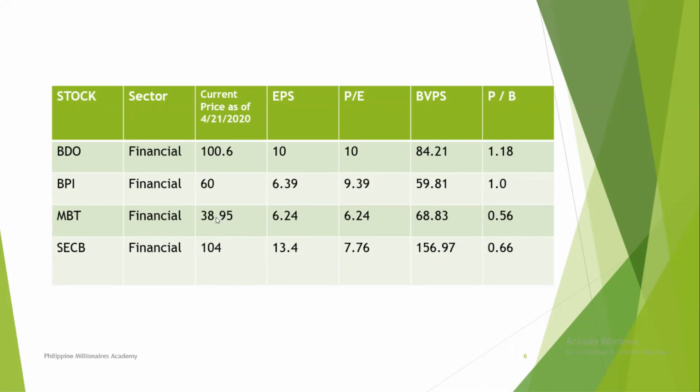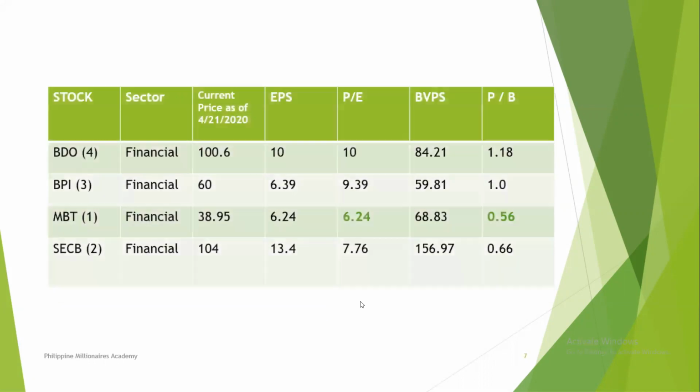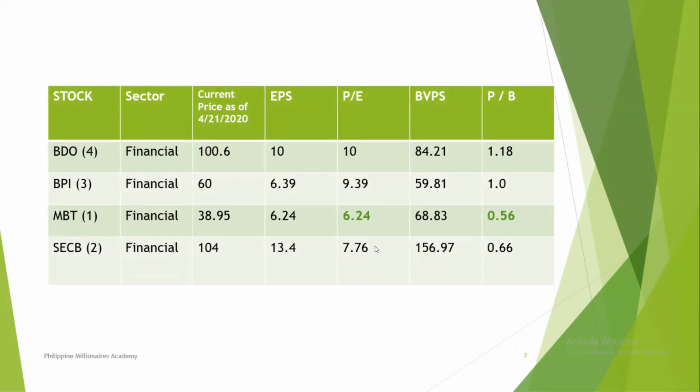So what do these figures, this numerical data, mean to us? Okay, it only means that the lower the PE and PB ratio is, the better, the cheaper. So here in our example, MBT has 6.24 PE and 0.56 PB, which is the lowest among the other stocks in this sector.